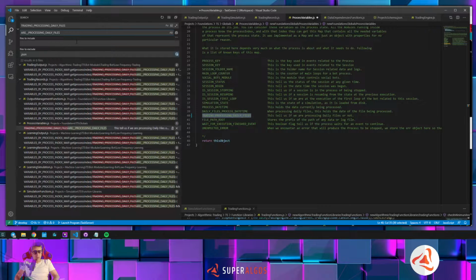Are we processing daily files is the new name.